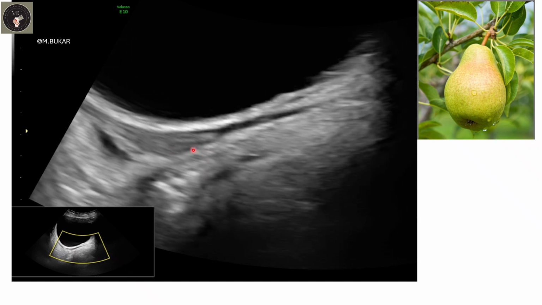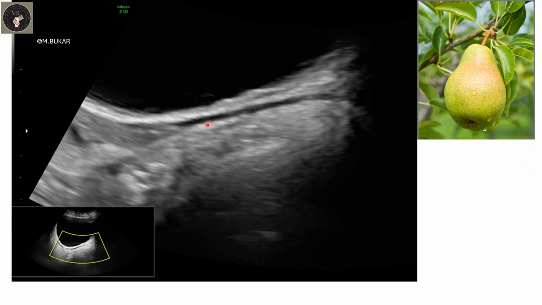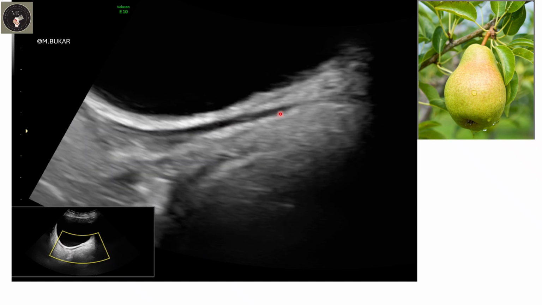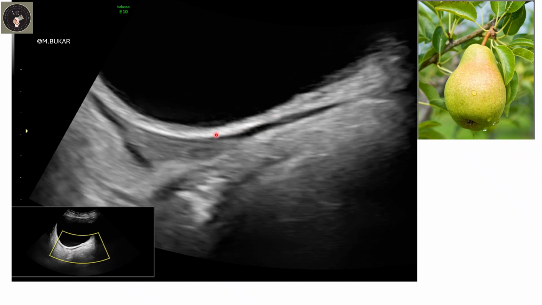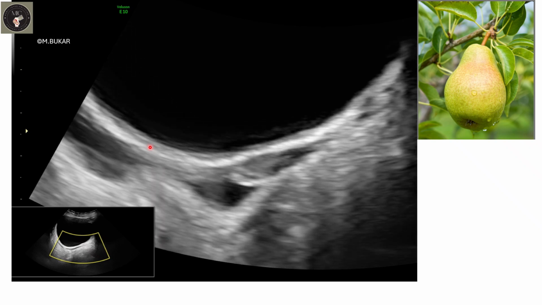You can see the hypoplastic uterus, normal length of the vagina here. No ovaries were visualized.